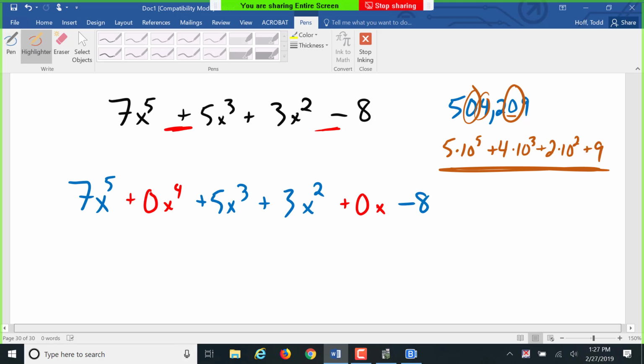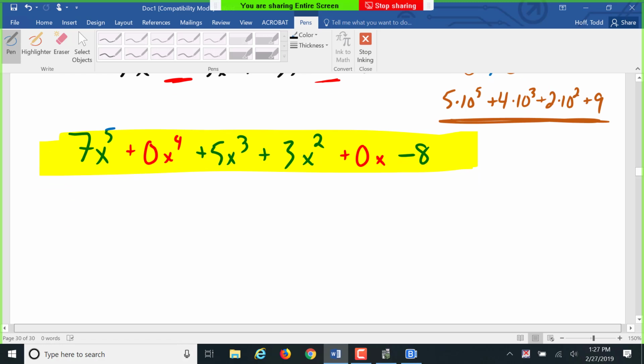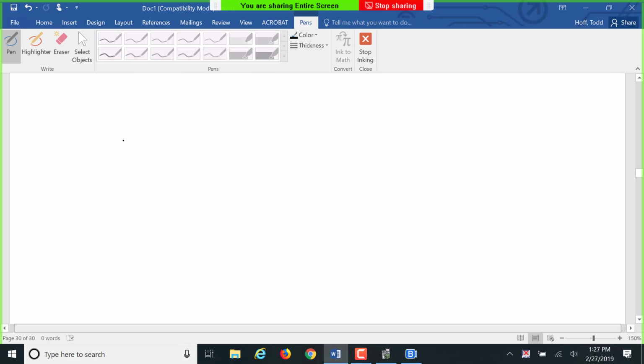In a lot of our calculations that we do, we're going to need those missing digits in that polynomial.